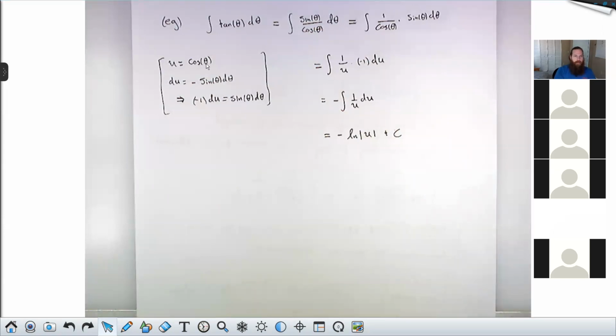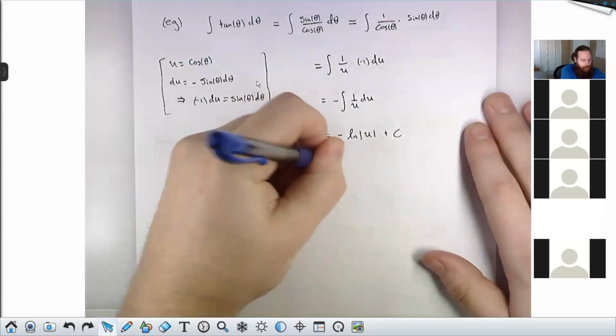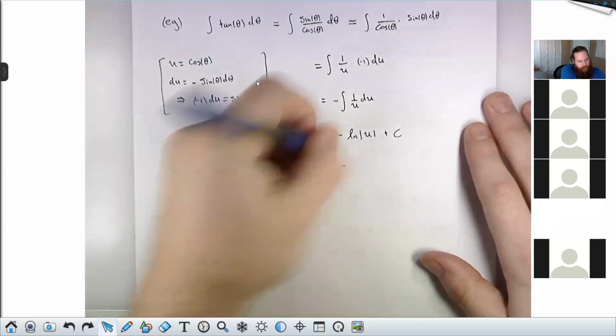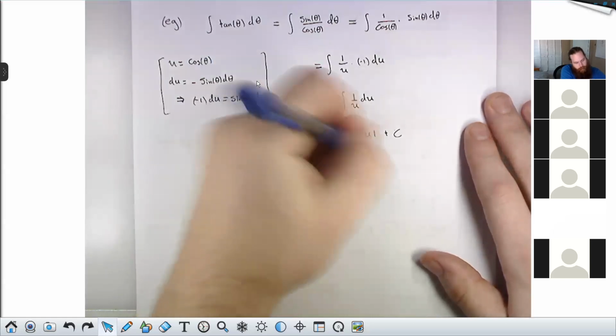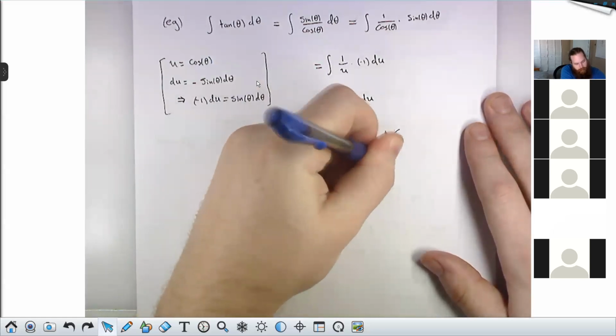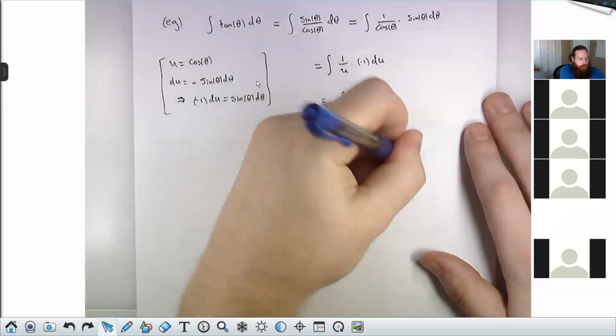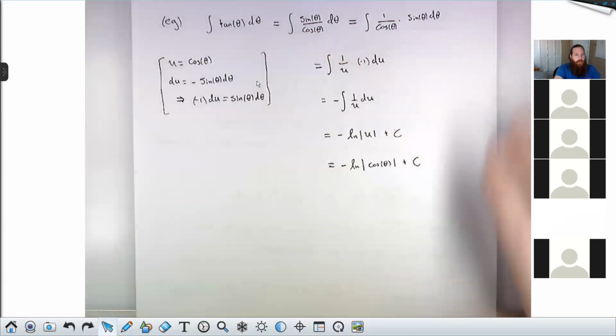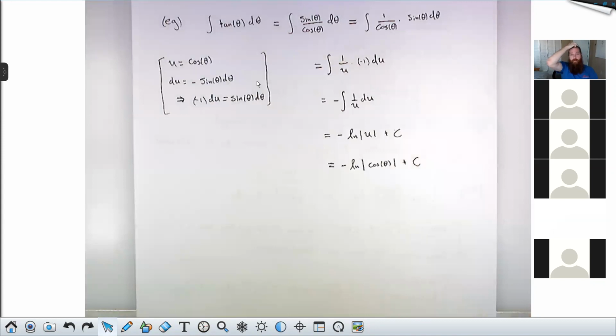And then we substitute back in for u. What was u? u was cos theta. So the integral of the tangent function is a little bit complicated. It's the negative natural log of the absolute value of cos theta.